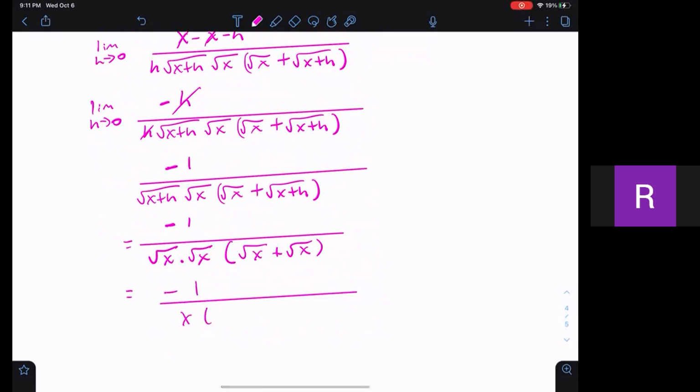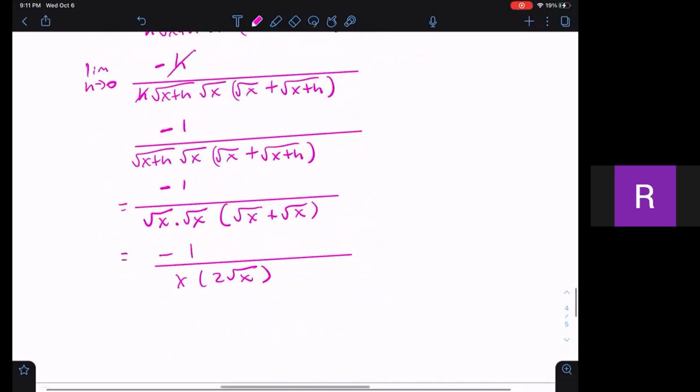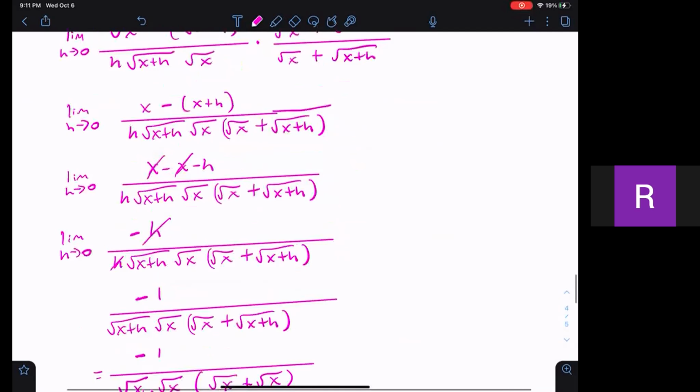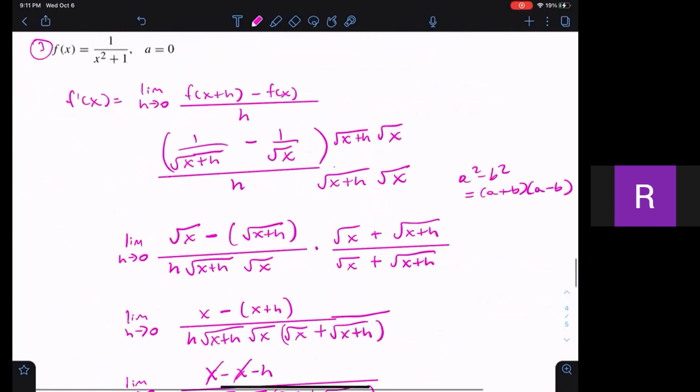And then this is going to be 2 root x. So therefore, this is going to be negative 1. And we have 2, 1/2 and 1, that's going to be 3/2, right? So this is the derivative, right? And they're asking you in the problem to find the limit definition at when a equals 4.